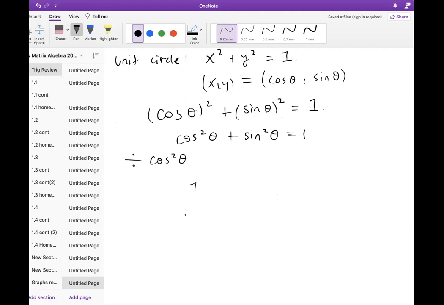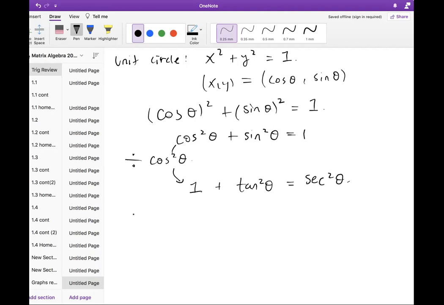If I divide cosine squared by cosine squared, I get 1. If I divide sine squared by cosine squared, I get tangent squared. If I divide 1 by cosine squared, I get secant squared. That's how we defined what secant was. So that gives you a new Pythagorean formula.